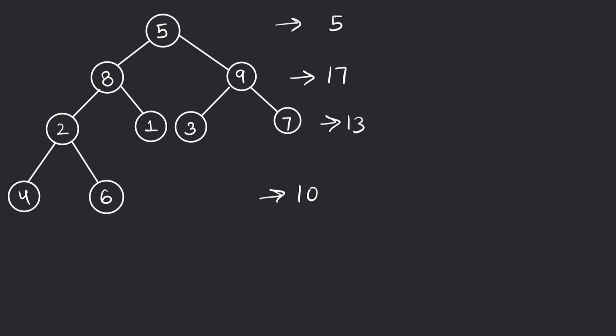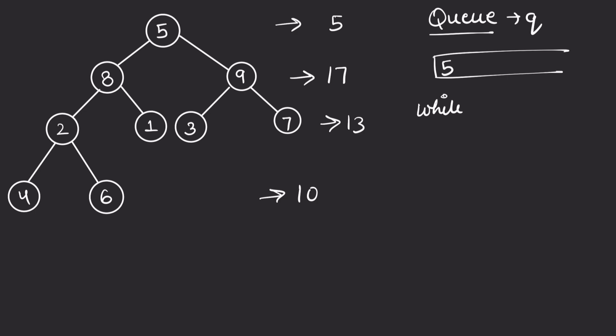So what we do is create a queue for this purpose. We create a queue, and then initially we store the root element inside that queue. So in this case it is 5, right? And then after this we start our loop where we check that while our queue is not empty, we take the size of the queue.